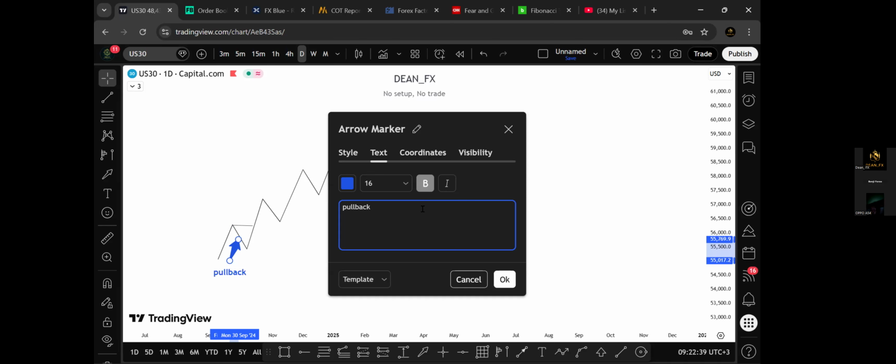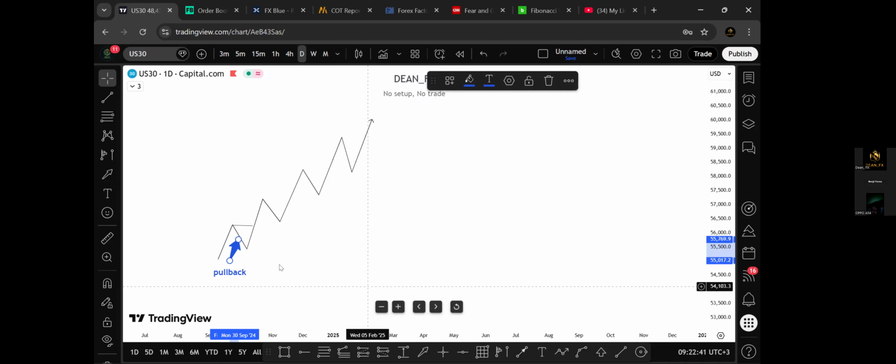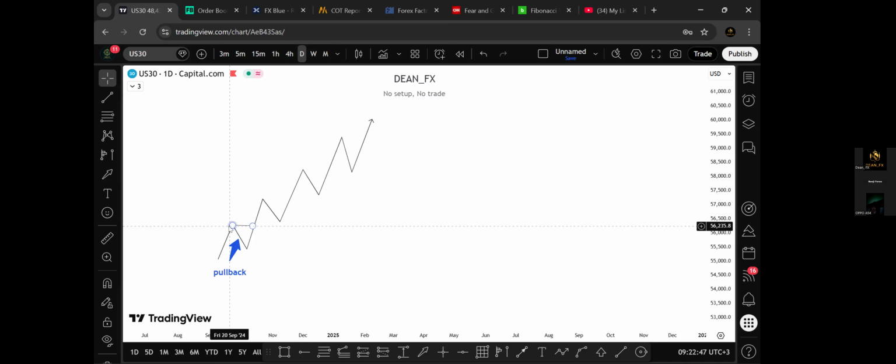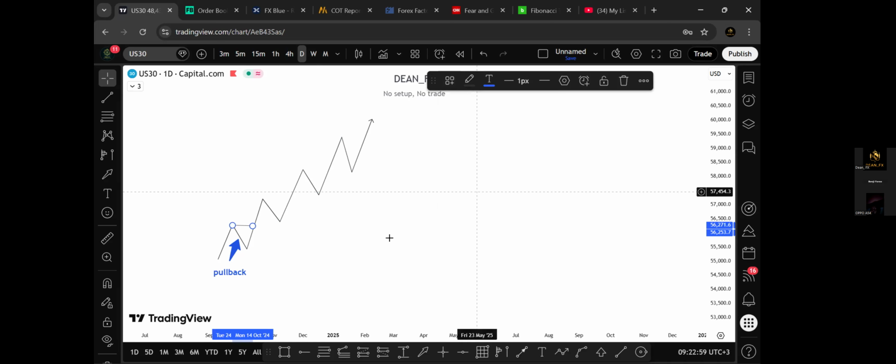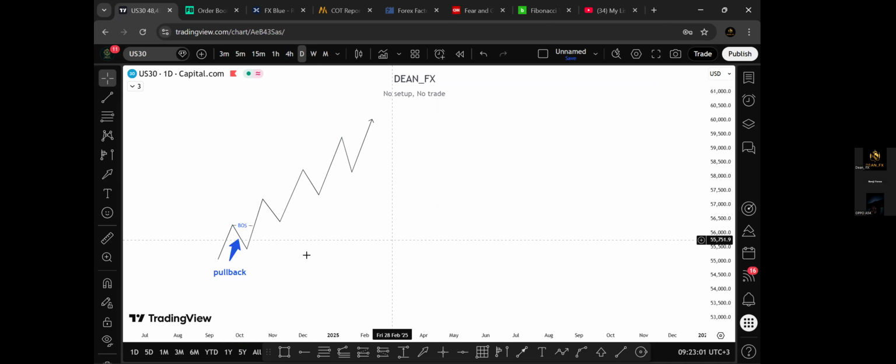And when the price breaks the higher high, this zone is known as the break of structure, usually abbreviated as BOS. So breaking of structure.